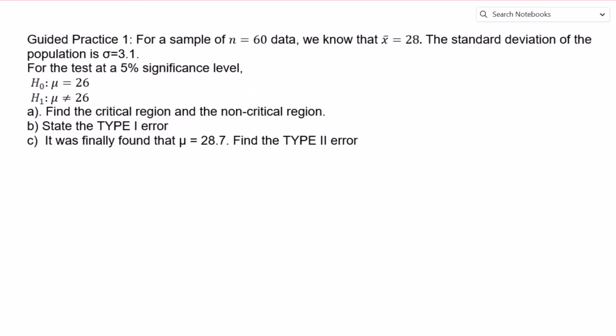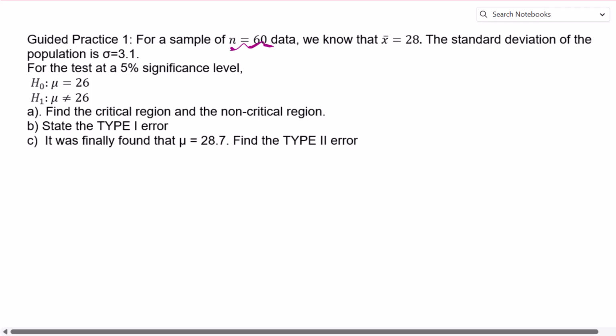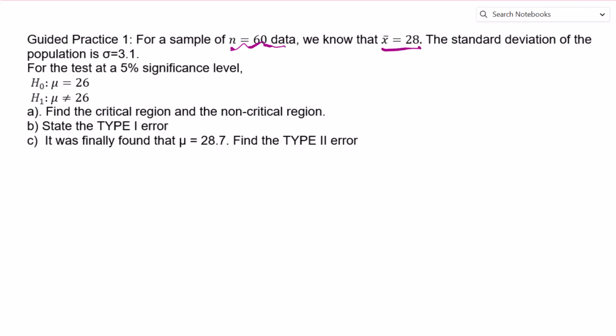Let's go to guided practice 1. For a sample of n equals 60, we know that x bar equals 28. The standard deviation of the population sigma equals 3.1.